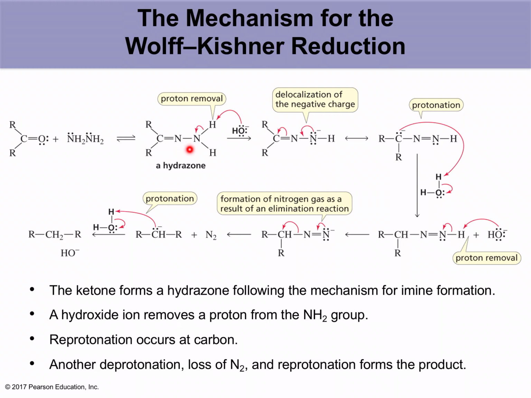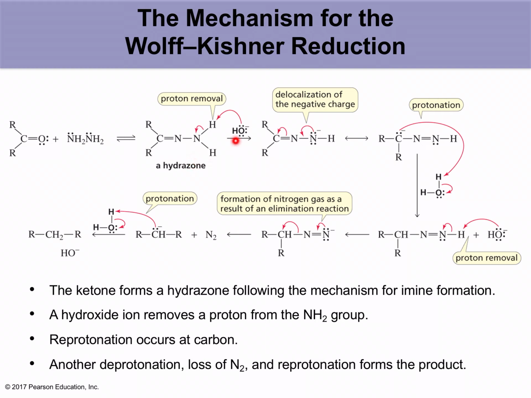Since you have an NH2 here instead of a methyl or other alkyl group, we call it a hydrazone, but it is a form of an imine. Carbon-nitrogen double bond formed, and the nitrogen ends up having an NH2 group. So this is the hydrazone.